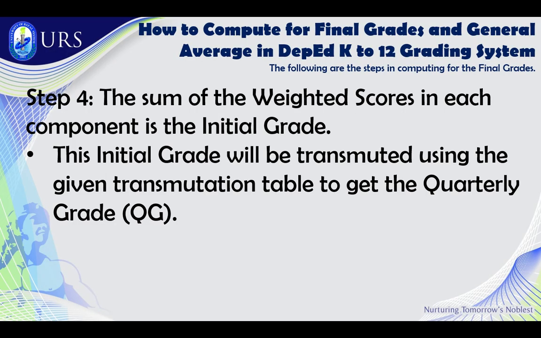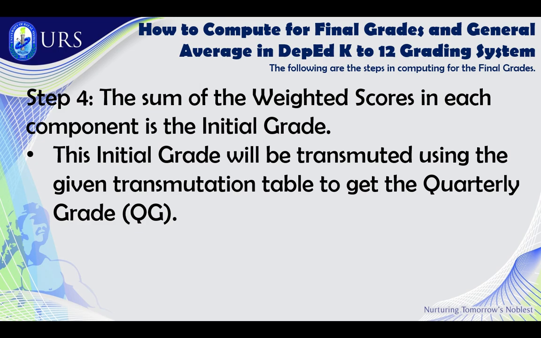So, step number 4, the sum of the weighted score in each component is the initial grade. This initial grade will be transmuted using the given transmutation table to get the quarterly grade, o tinatawag po natin QG. So, parang ito po yung overall grade.